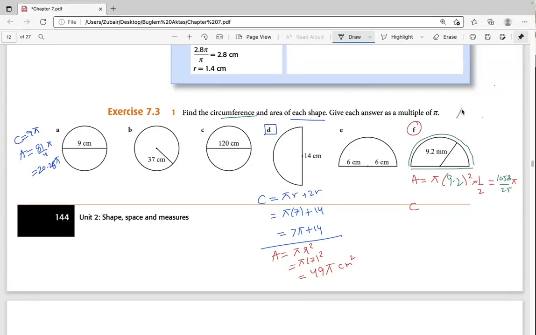It was pi r square. This is for a complete circle, and by 2, this is for a semicircle. So 9.2 squared divided by 2, and that's it. 42.32. 42.32 pi millimeter square.